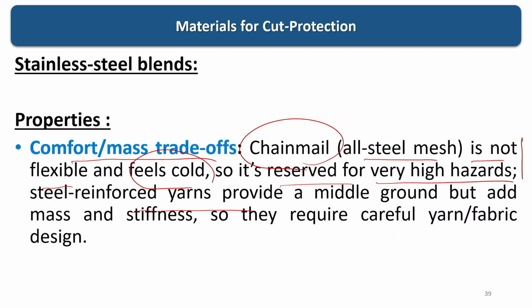If we use stainless steel as a core and sheath with other fibers like para-aramid or other fiber, this type of cooling problem will not be there. Okay. So, it will be a middle ground, but adds to the mass and stiffness.